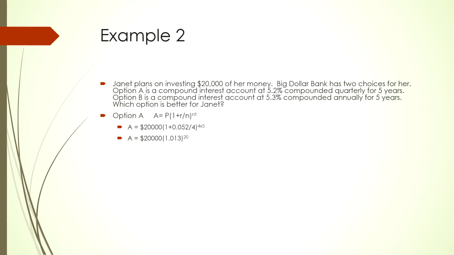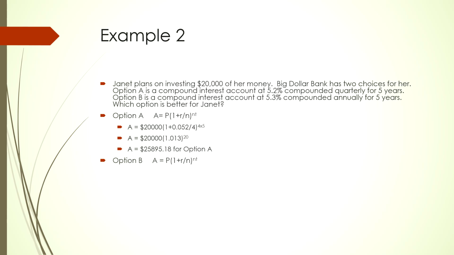And of course we used the 4 because it said compounded quarterly, so that's 4 times each year. And so then we end up with 20,000 times 1.013 to the 20th power, and that is $25,895.18 for option A, the total amount.